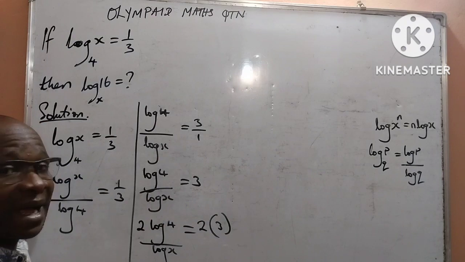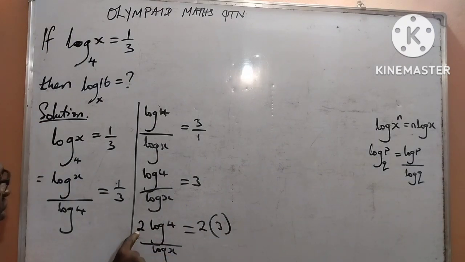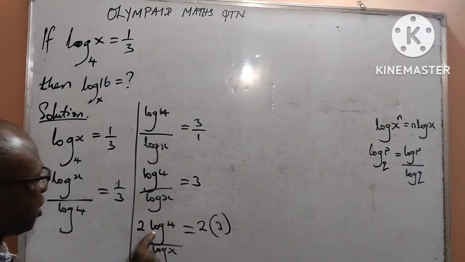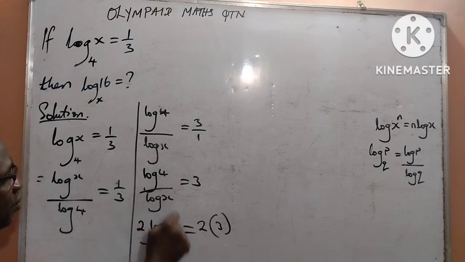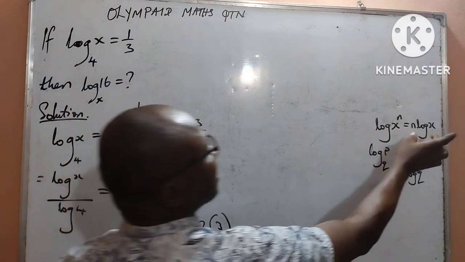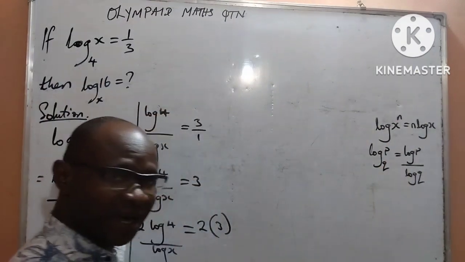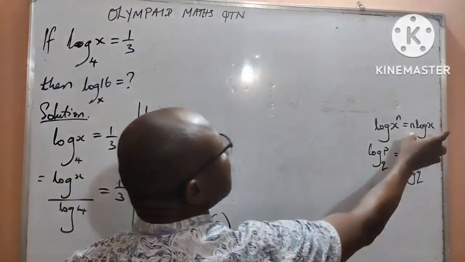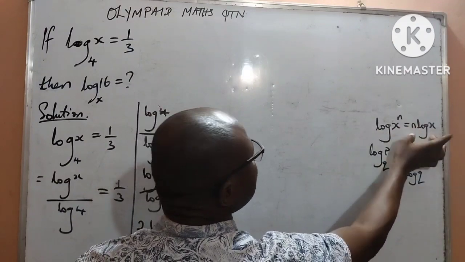I am going to apply that here. Since 2 is multiplying log 4, I can move it back inside, so I want to represent it exactly the way it is on the right side in this log.